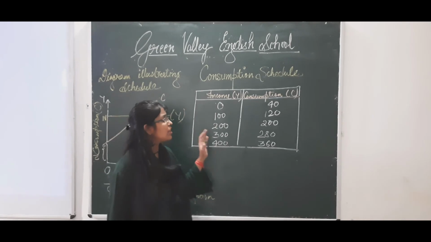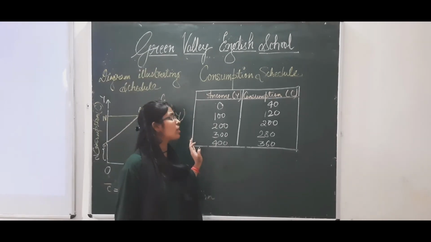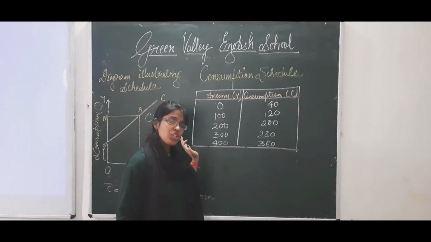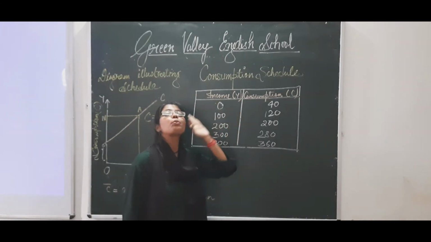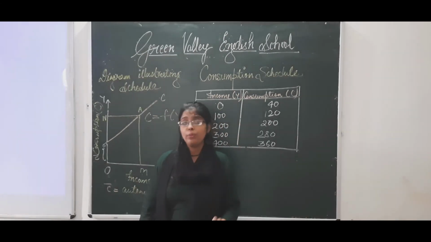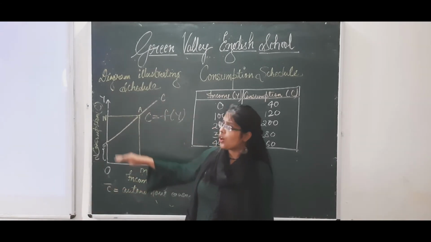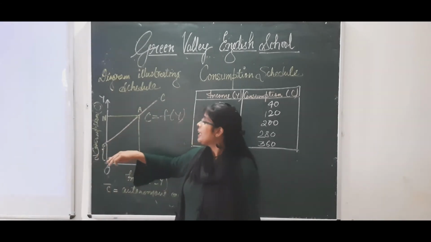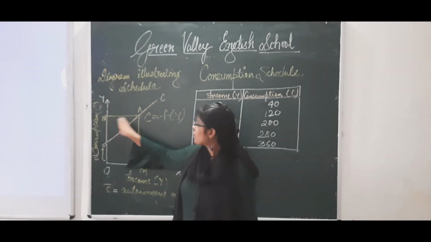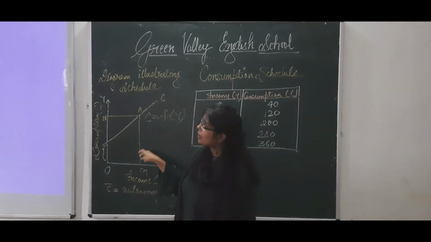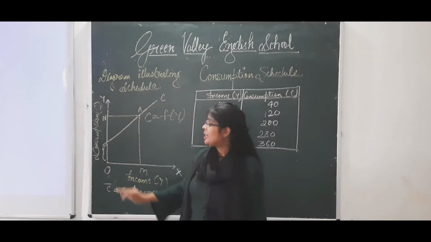Okay, and in this video you just try to understand this concept, the relationship between consumption and income, which is known as consumption function or propensity to consume. So basically on the x-axis we show income, on the y-axis we denote consumption, then we draw a CC curve, and you can take any points on the consumption curve showing this relationship between consumption and income.